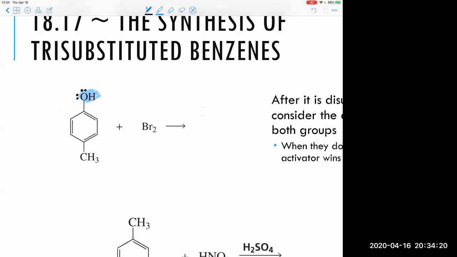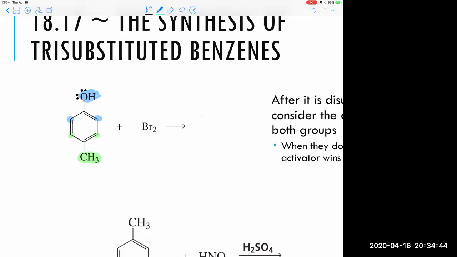If it does, then it's an activating group, right? A donating group is ortho-para. So your hydroxyl group is going to want to put the bromine there, but then we have a methyl group down here, and that wants to direct to its ortho sites, which are there, right?